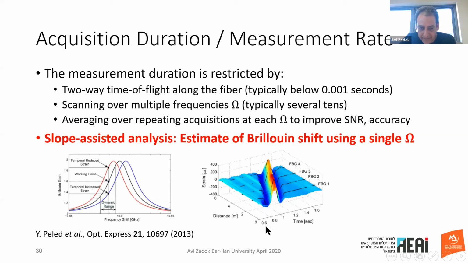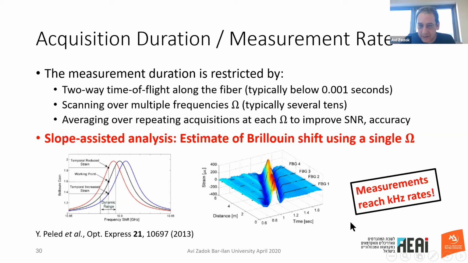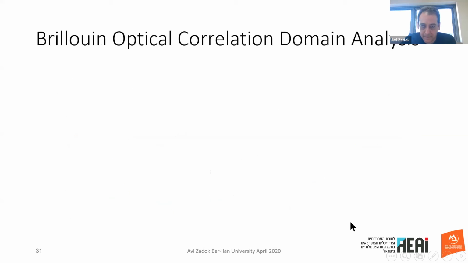You see here, these are entire gain maps as a function of position over 6 meters of fiber, as a function of time, measured way better than a second scale, and you can capture the dynamics of a flexural wave propagating along this strip of composite using a very, very fast Brillouin acquisition. And this can actually be extended towards kilohertz rates of mapping out fibers using slope assistance.